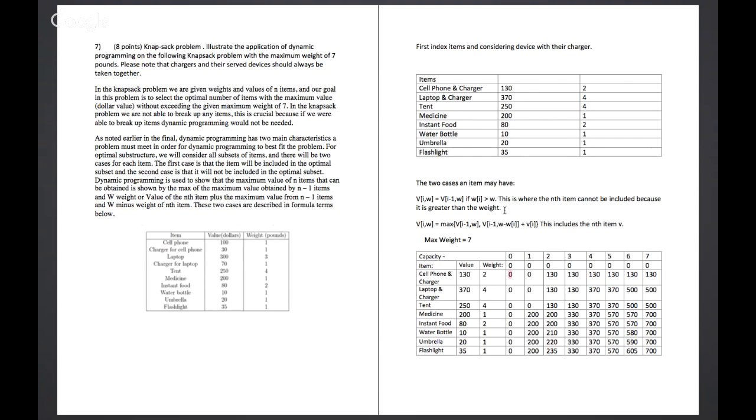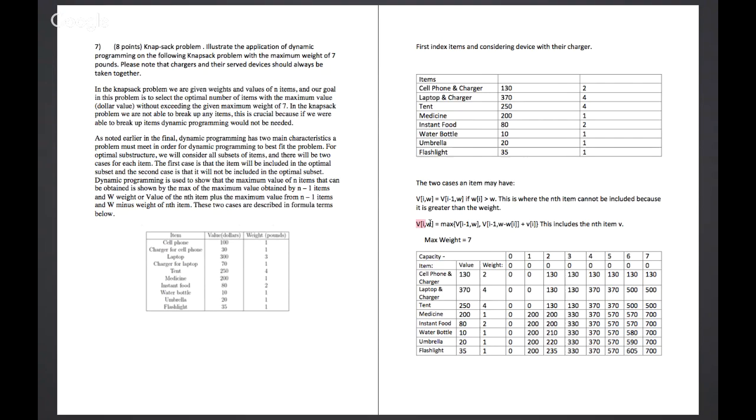This is where the nth item cannot be included because its weight is greater. For example, this one right here, or even right here, cannot be included because it has a weight of 4, and our max weight at this point is 2. So recursively, we go down and check the problem beforehand, that's the n minus 1, and so forth.